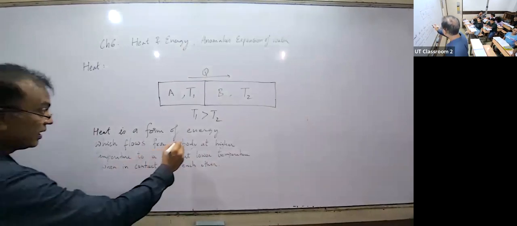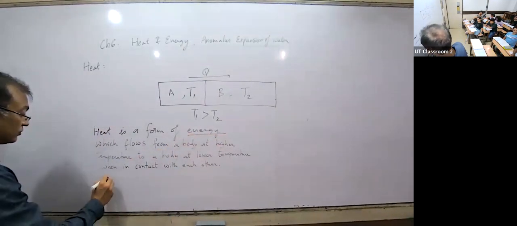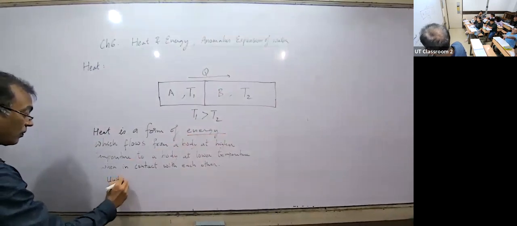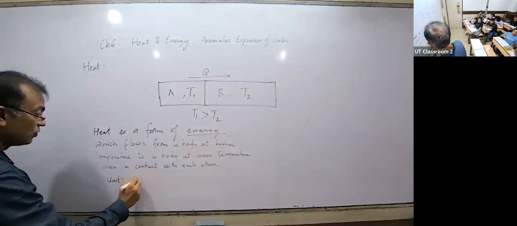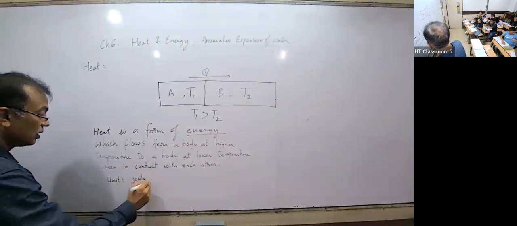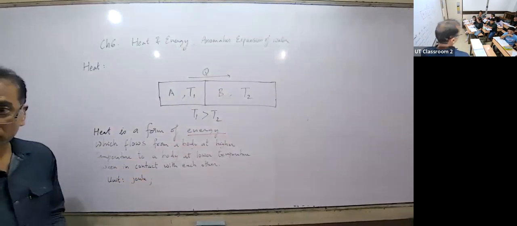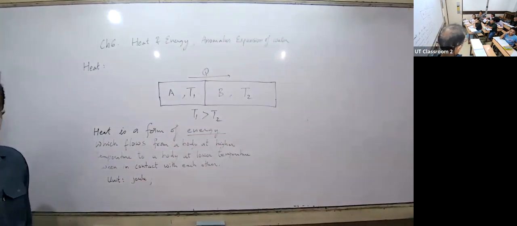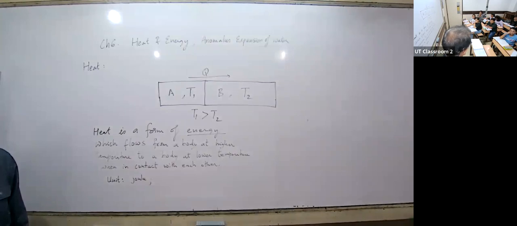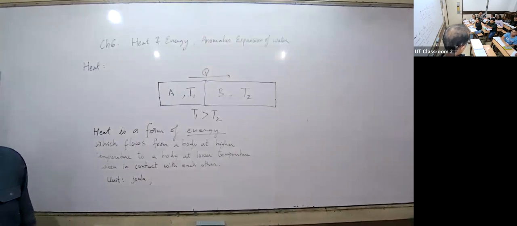So I said heat is energy. So what is its unit? The unit of any energy is joule. But in physics, we have special energy units also. Like in case of heat, we have calorie. In case of electricity, we have kilowatt hour.